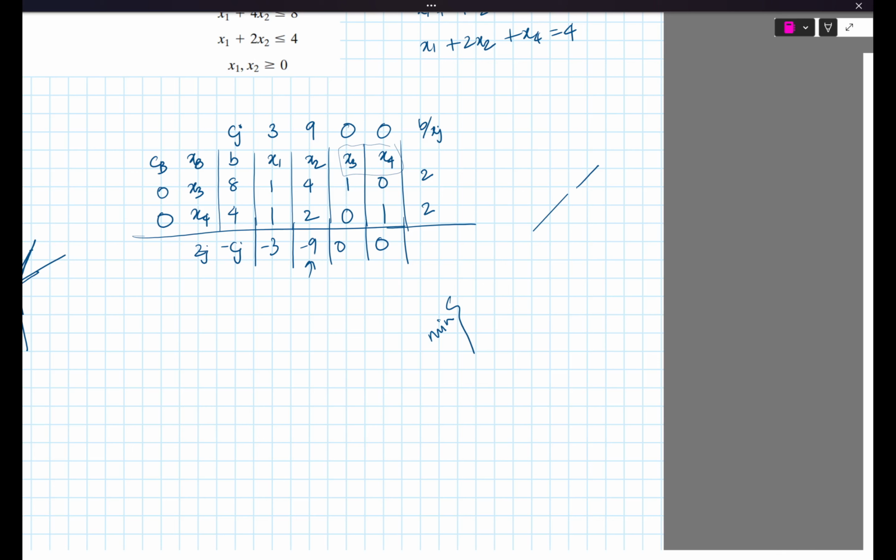So we were looking at this. Instead of b by xj, now I look at this 1 by xj.